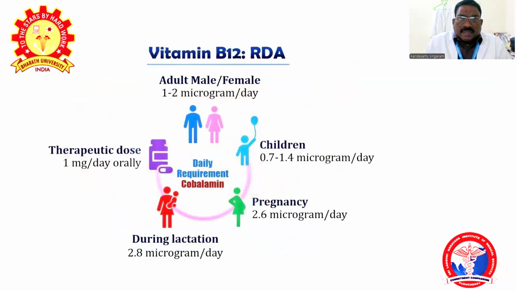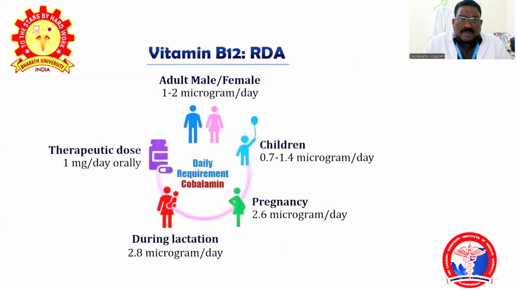What is the daily allowance? Adult males and females need 1 to 2 micrograms per day. Children need 0.7 to 1.4 micrograms per day. Whereas in pregnancy it is 2.6 micrograms per day.